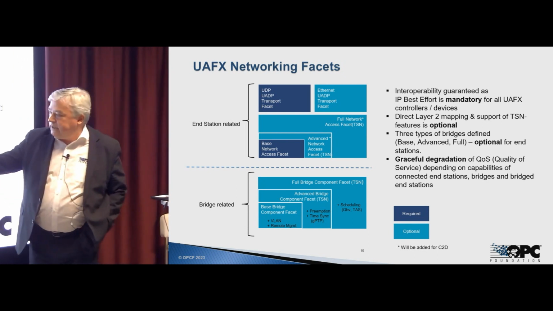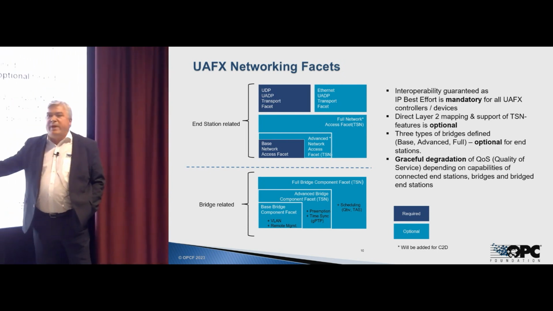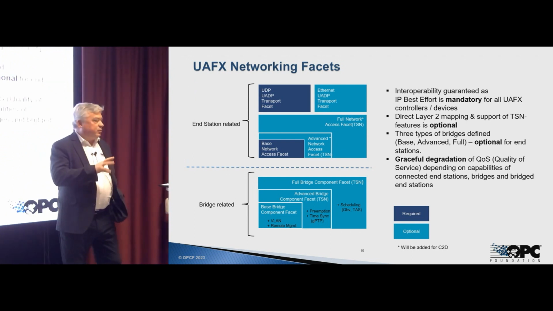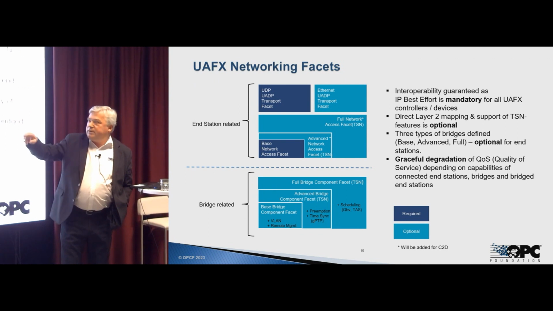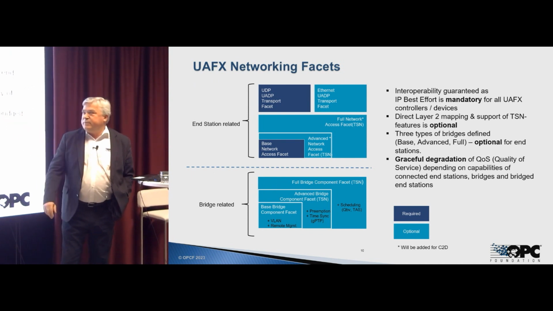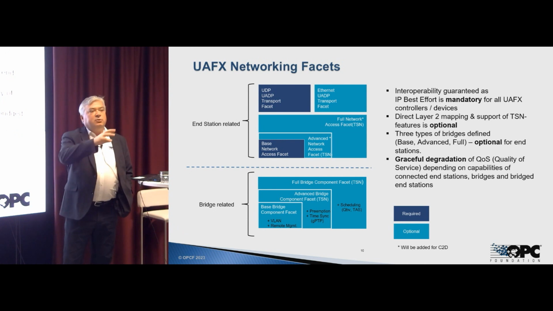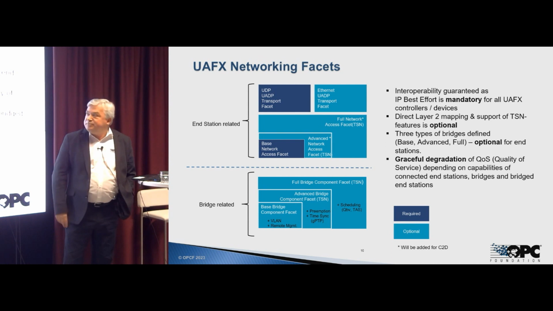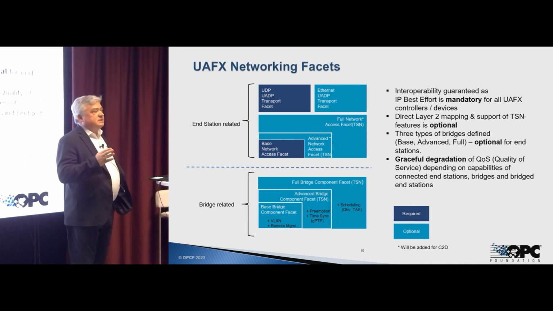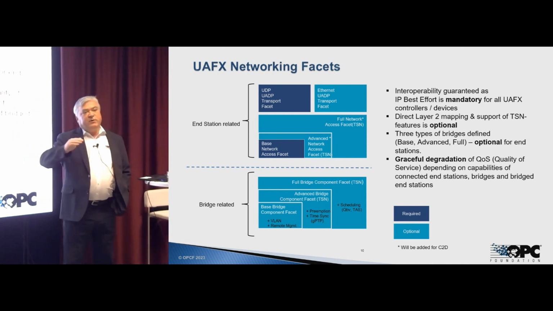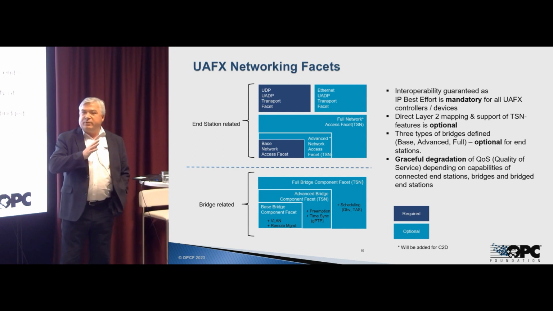So you see here with the dark blue color, the mandatory elements in our networking facet approach. This is, as I said, going with UDP, and here it's named the base network access facet. You go then over the transport, for example, Ethernet. Everything else you see here in the light blue is an optional feature because this is then scaling up the performance or scaling up the capabilities in the quality of service.